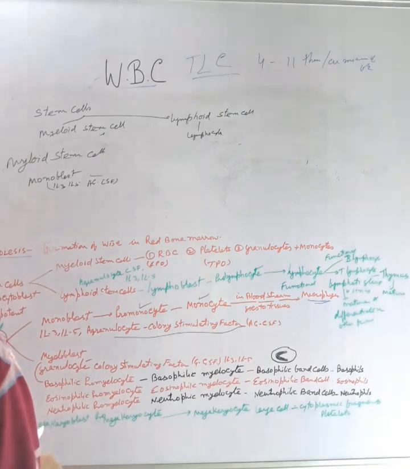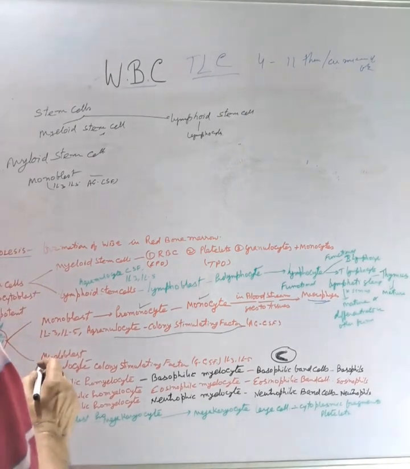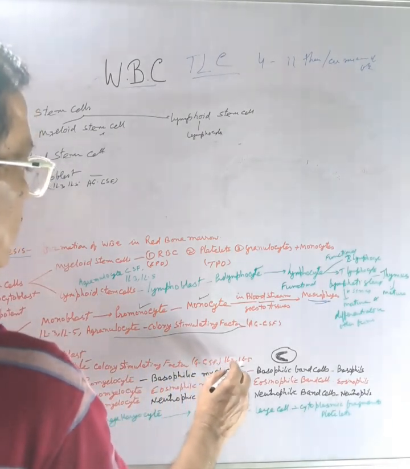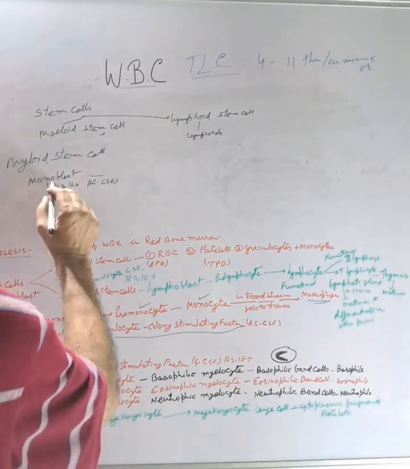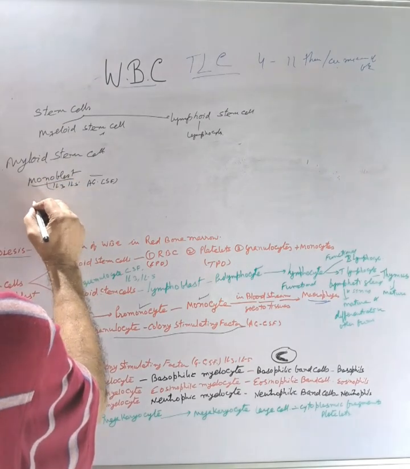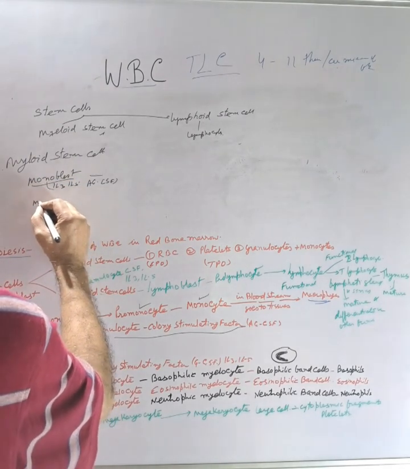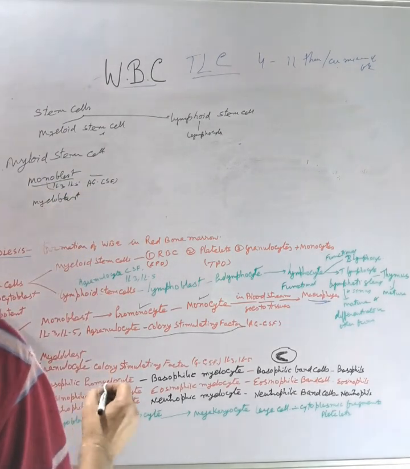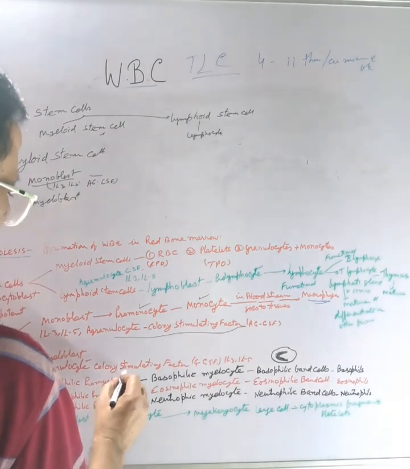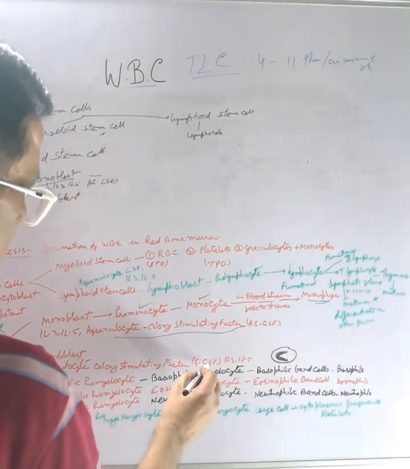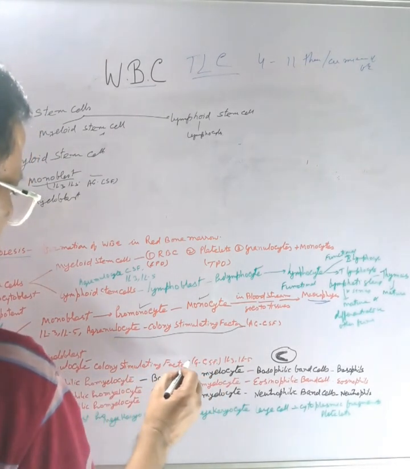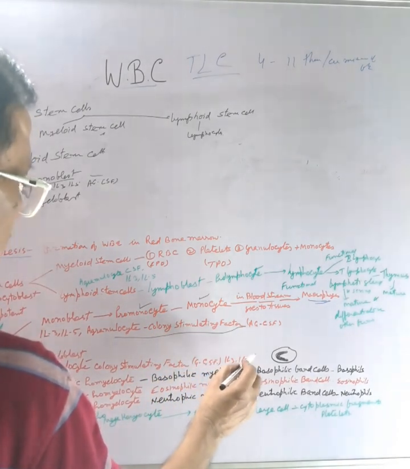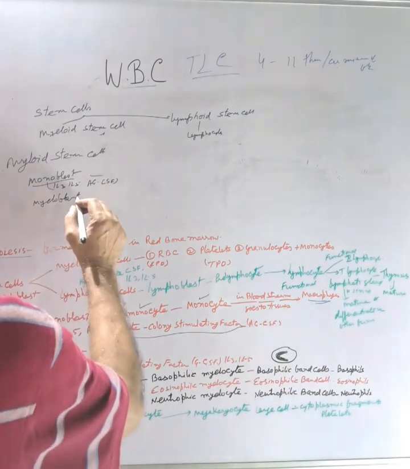From this, monocyte is formed. Second is the myeloblast series. Myeloblast cell is stimulated by granulocyte colony stimulating factor, GCSF, IL-3 and IL-5.